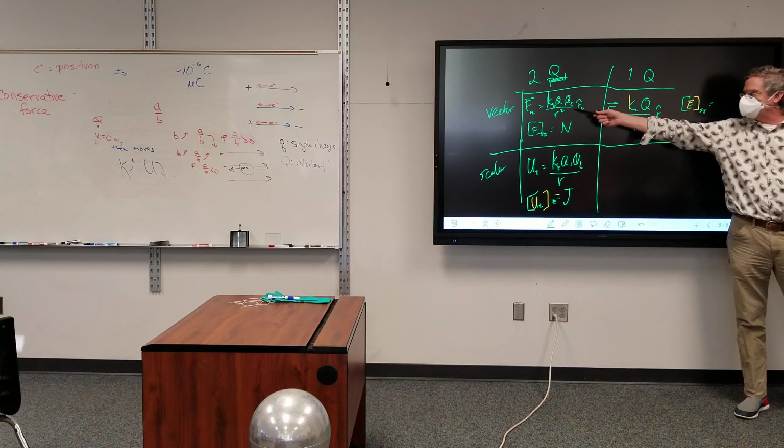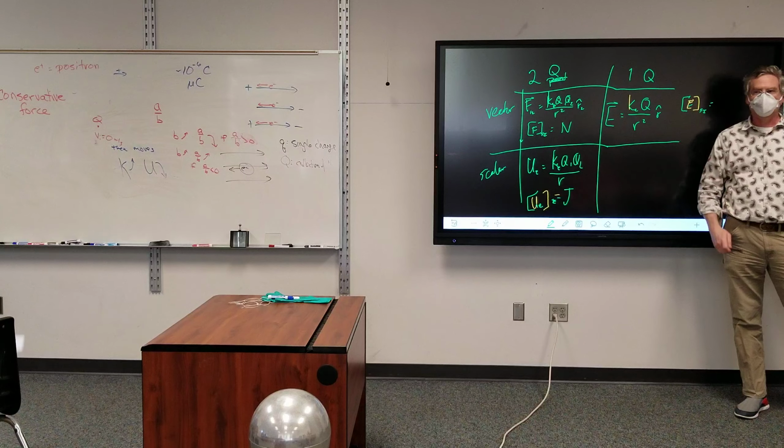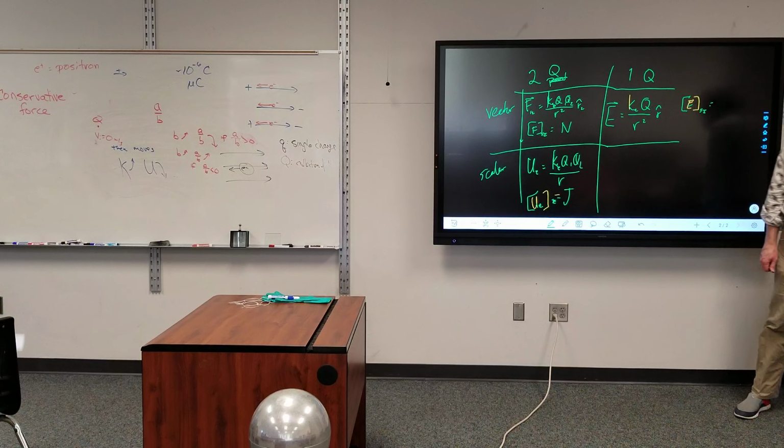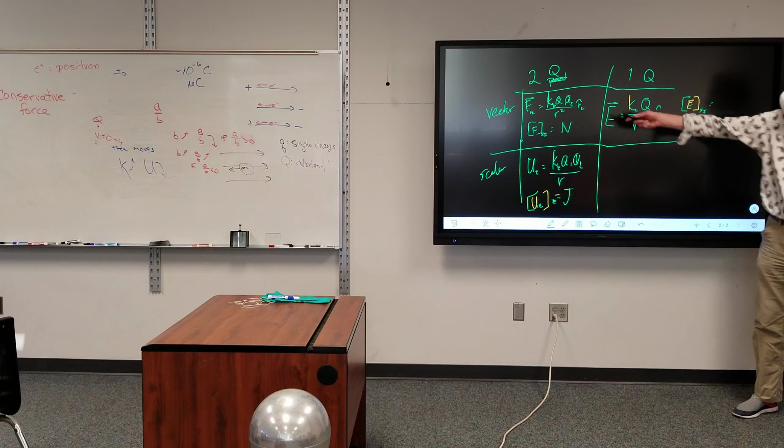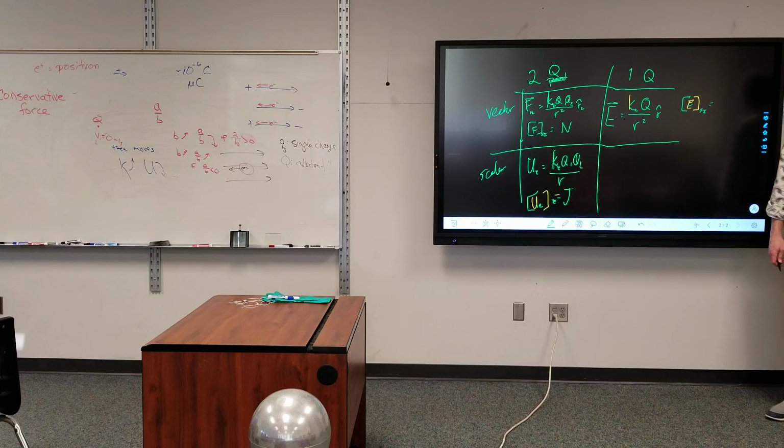What is the difference between that formula and this formula? The two Q's. All right, that has two Q's, this is only one. That's a hint towards the unit. So it's Newton meters over C squared?